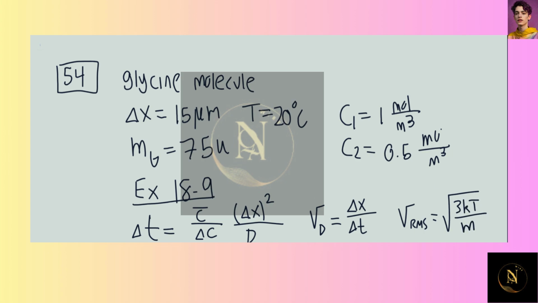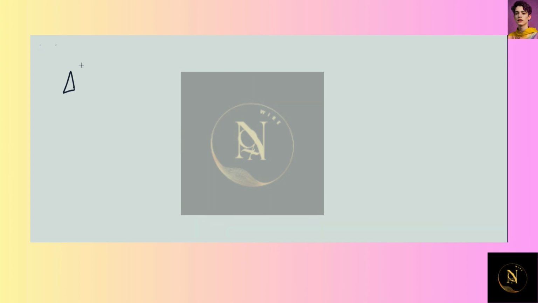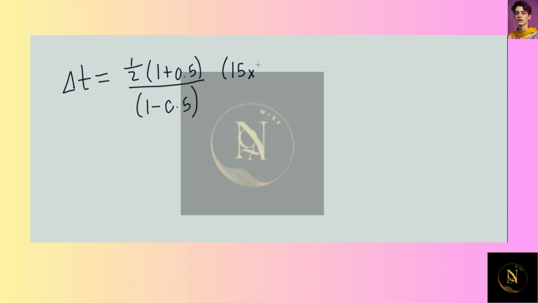We'll first find delta t. So our concentration varies from 1 to 1/2 moles per cubic meter. So the average is just 1/2 of 1 plus 0.5. The difference is just 1 minus 0.5, of course, and the units are moles per cubic meter. Our delta x is 15 times 10 to the negative 6 meters, because it's micrometers.